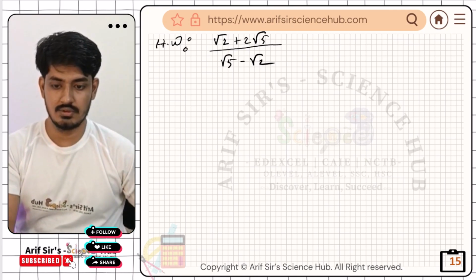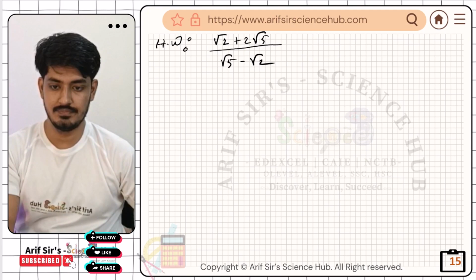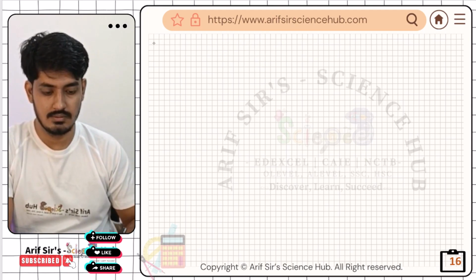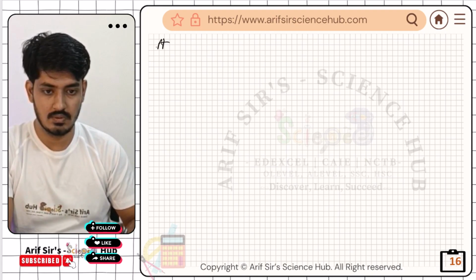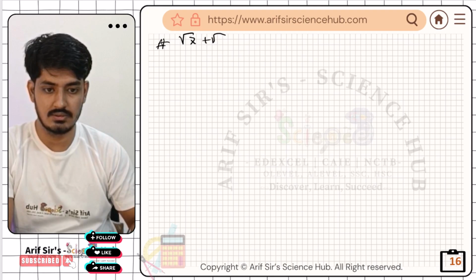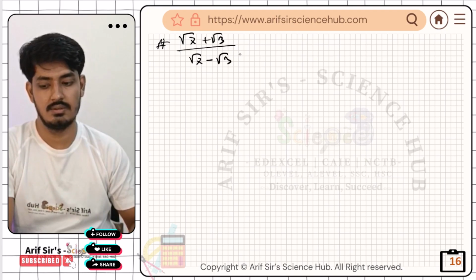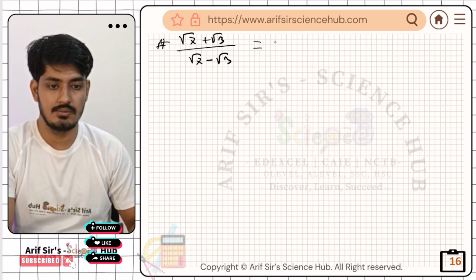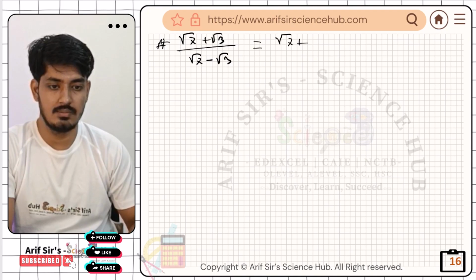So we'll solve some another problem. So we can just solve this problem. Root 7 plus root 3, then root 7 minus root 3. So that's the last exercise. We'll solve it. 7 plus root 3.